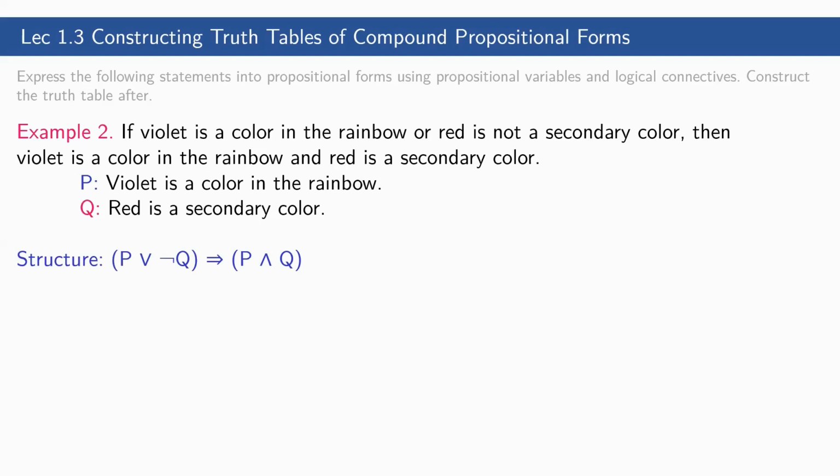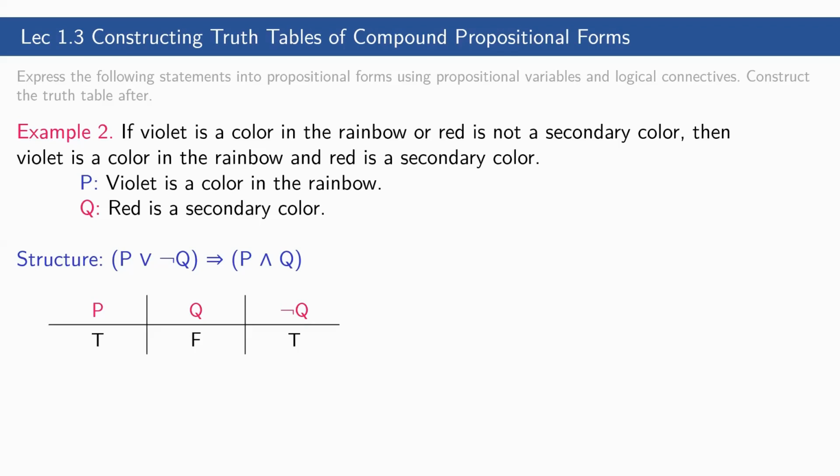Okay, next, let us create the truth table. First, we have P, Q, and not Q because those are what we need. You no longer have to get not P because that is not needed in our overall structure. P, that is true. Violet is a color in the rainbow. And then Q is false because red is a primary color.